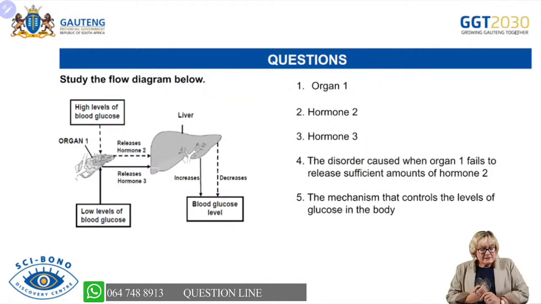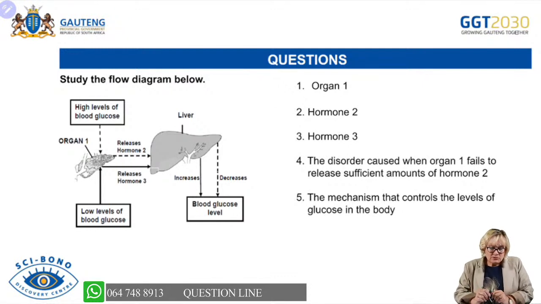Here it's a little bit different. They give us here a flow diagram. Okay, and looking at this diagram, before we look at the questions, what must you be able to recognize? What is this? Remember I said, this is one of those organs that you need to know the outlines. You know, how does it look? And this is your what? This is your pancreas.